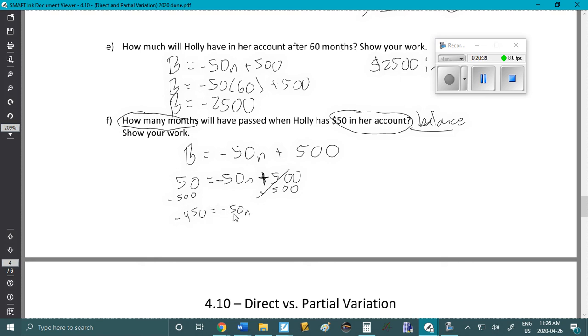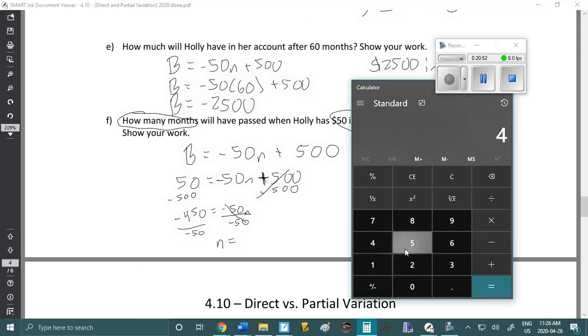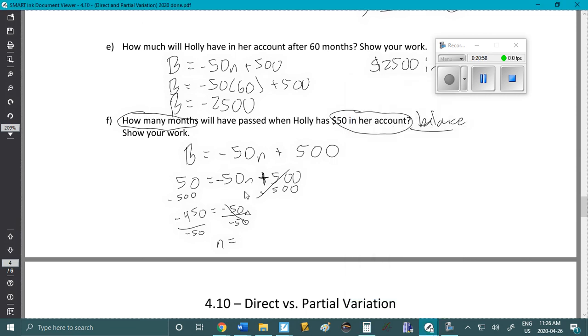To get n by itself, we have to divide, because it's being multiplied, by negative 50. These cancel because they divide to make 1, and n equals negative 450 divided by negative 50, and we get 9. So 9 months.